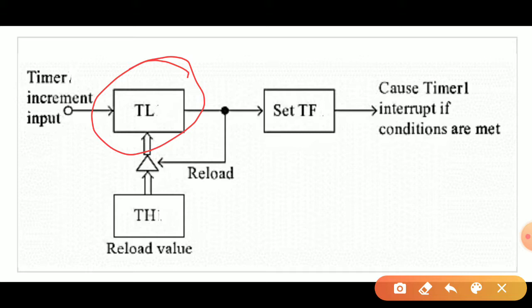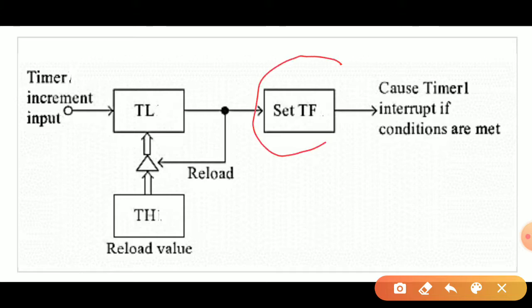The initial value will be loaded into this TL register first, and each pulse from the previous stage or the pulse generating stages will be incrementing the count of this TL register. When the TL register reaches its maximum value of FFH, means 255 decimal value, the overflow will occur and the overflow flag will be set as 1.